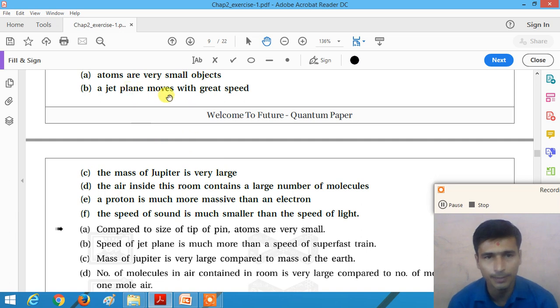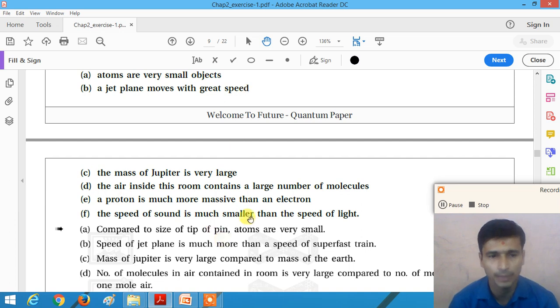A jet plane moves with great speed, right? A jet plane is moving with a very high speed, but we need to compare with some other object. So we modify this statement like this: a jet plane moves with greater speed in comparison with the bus, the bike, the train, right?